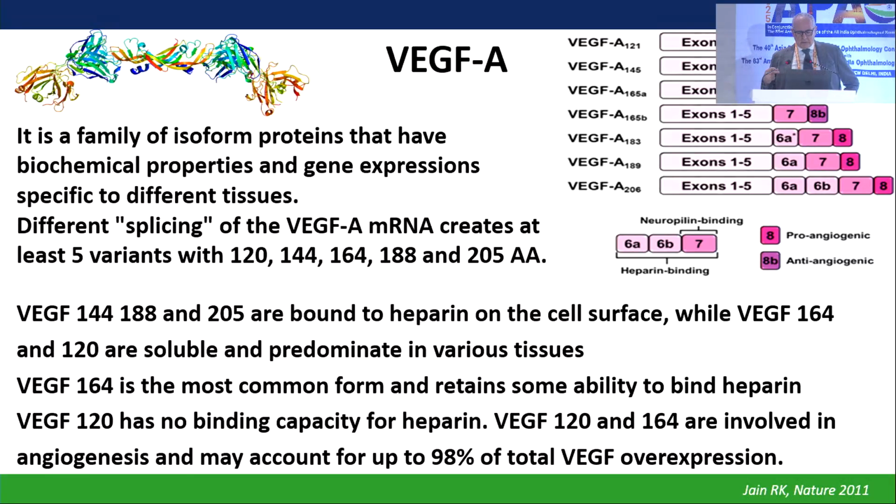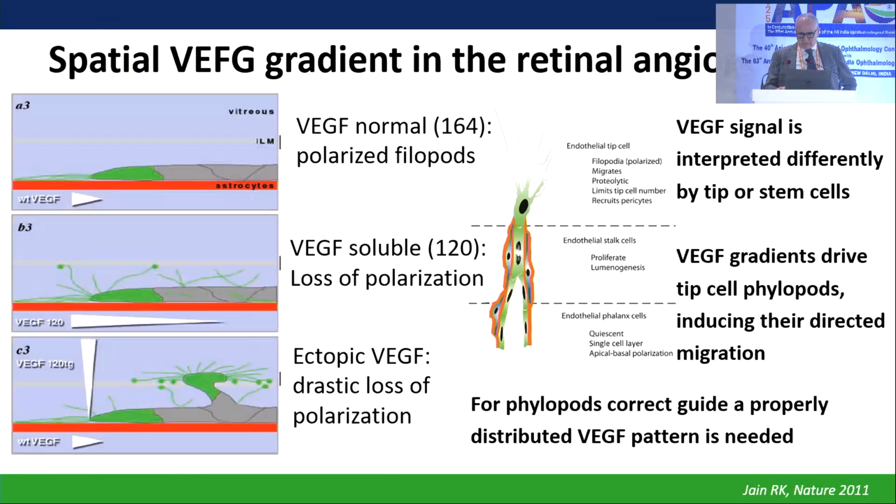While others with a higher weight stay in place, and they are responsible for creating a gradient inside the retina. And this is a schema that is very useful. This is done by Jane Rakesh in Boston.